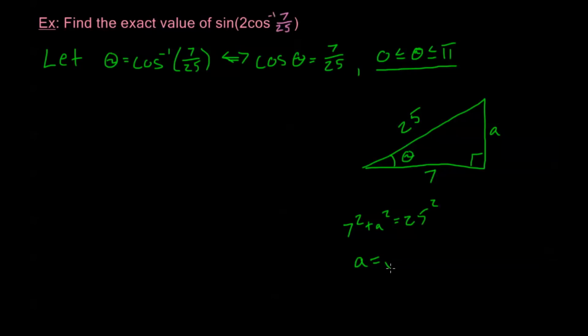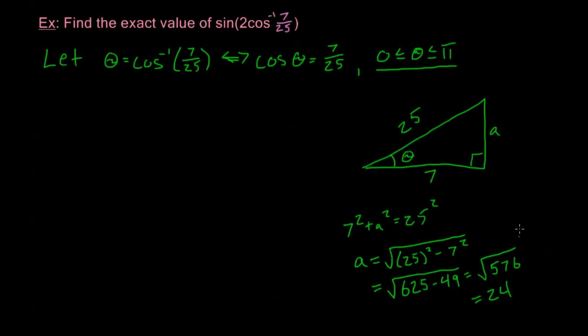So then A is equal to the square root of 25 squared minus 7 squared, which is equal to the square root of 625 minus 49. This gives us the square root of 576, which turns out to be exactly 24. So we have A equals 24.